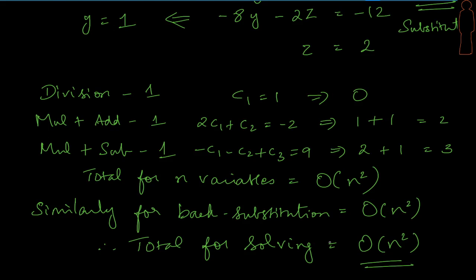When we look at A equal to LU, it's almost the same procedure as elimination, which would take order of n cube. And for back and forward substitution, we have order of n square. So overall it is going to be order of n cube plus order of n square, which is again going to be order of n cube, right? So there is no change in the computation when we look at the overall system.